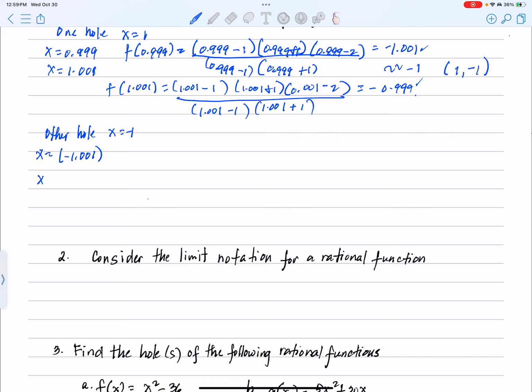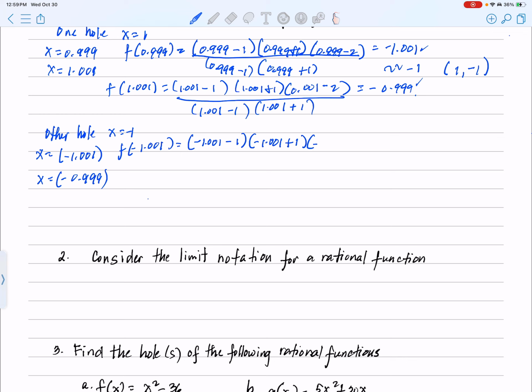I do the same thing, 0.99. This time it's negative because our value of x is negative. So replace that to the function of negative 1.001. Do the same thing by doing this. Minus 1, negative 1.001 plus 1.